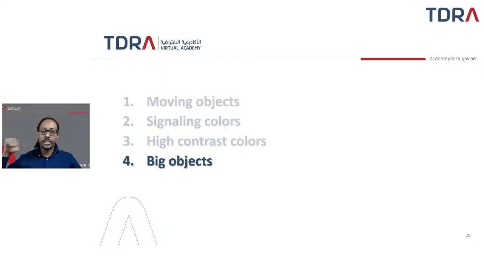If they're static images, then it won't really grab your attention. But if they're on a TV or a screen with moving objects, bright signaling colors, and big objects, then that's what grabs your attention.